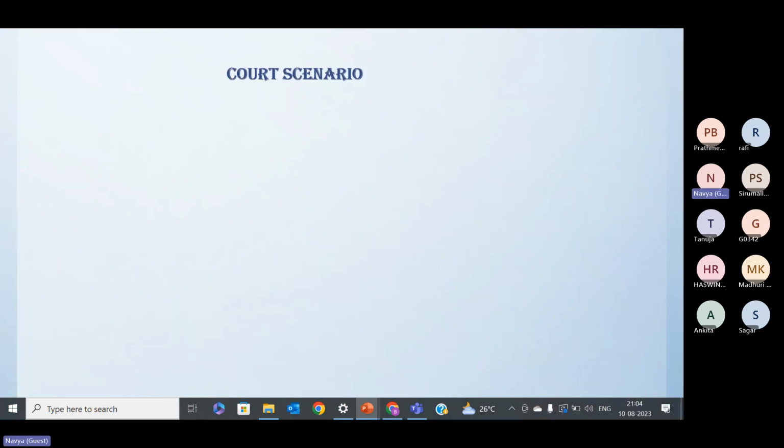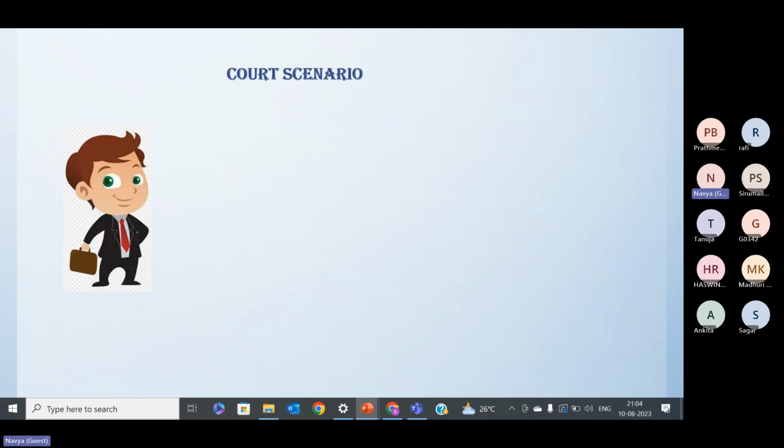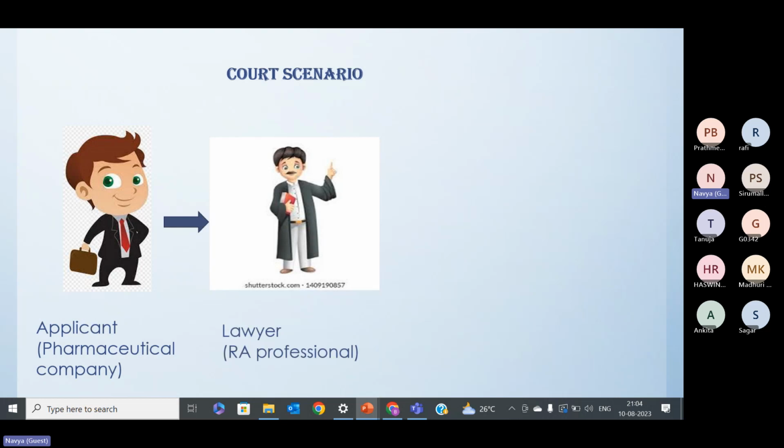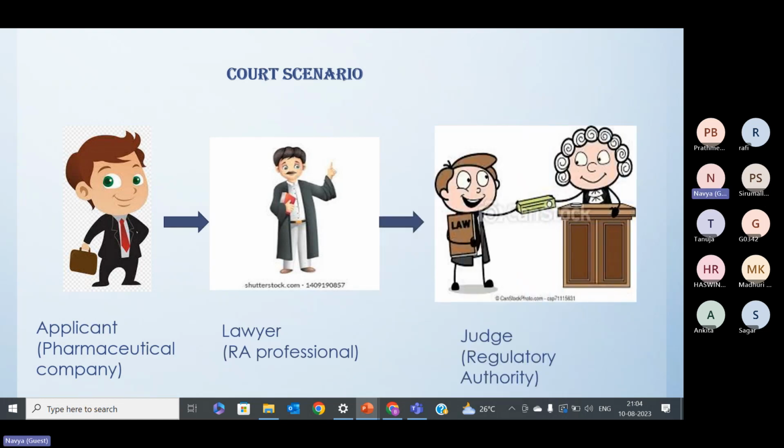Okay. I will show you all a simple courtroom scenario. This is the applicant, which is a pharmaceutical industry. Then we have a lawyer, whose role is played by a regulatory affairs professional. And then we have the judge, that is the regulatory authority.